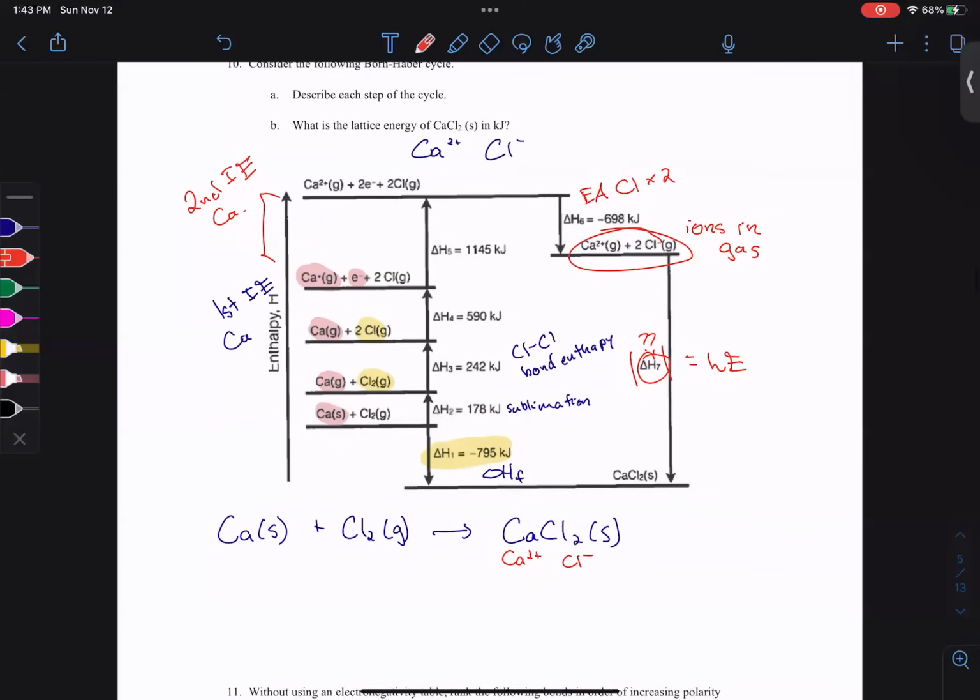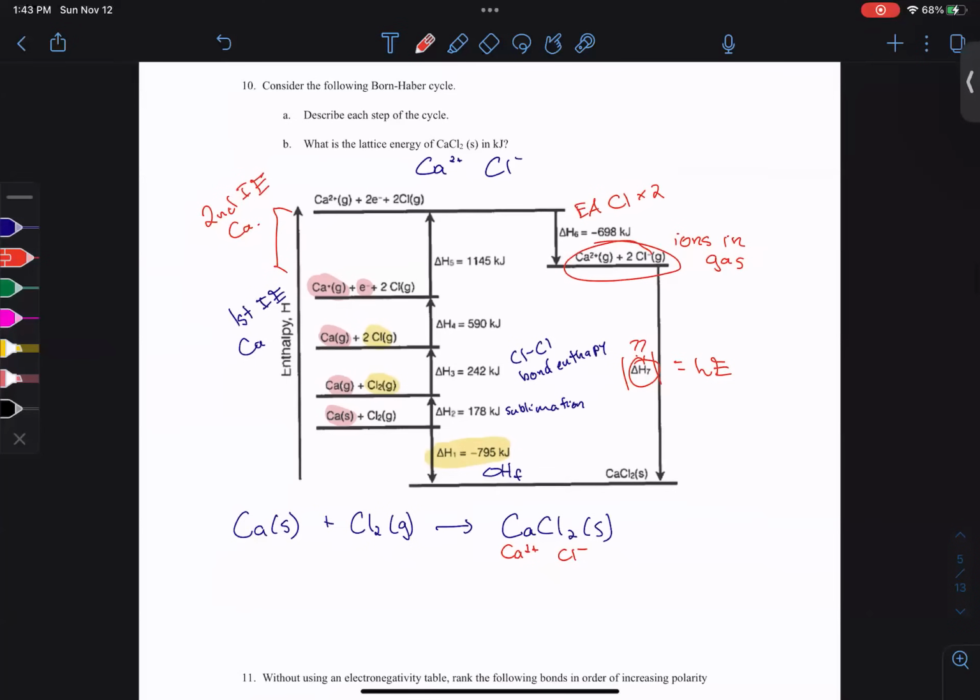In general, when looking at a Born-Haber cycle that is given in a graphical way like this, it becomes kind of straightforward because all the values are given to you. So we just have to add those numbers as given here.